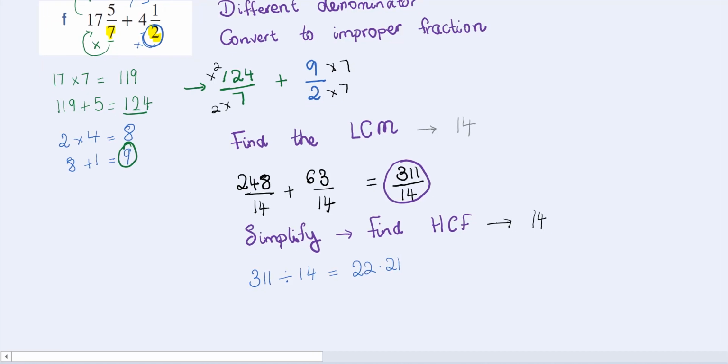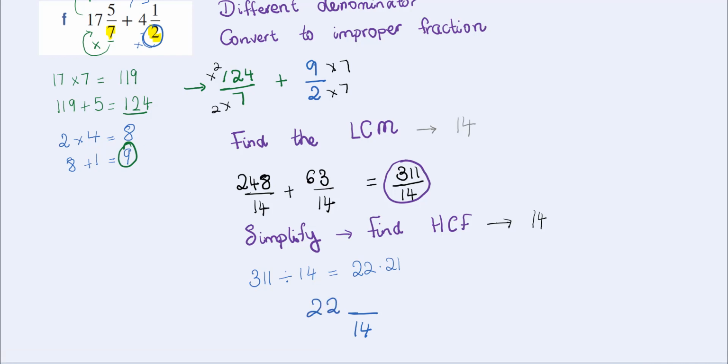So what I can do is convert it back to a mixed numeral fraction by putting 14 at the bottom, 22 at the top, and I'm going to put 3 at the top. So now if you were to times 14 by 22 and add 3, you should get 311 over 14.